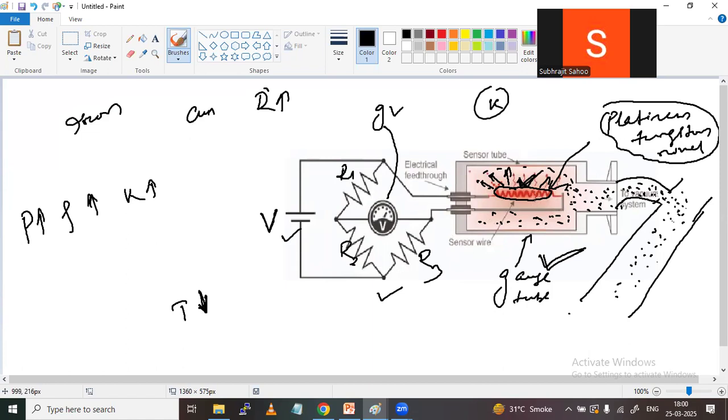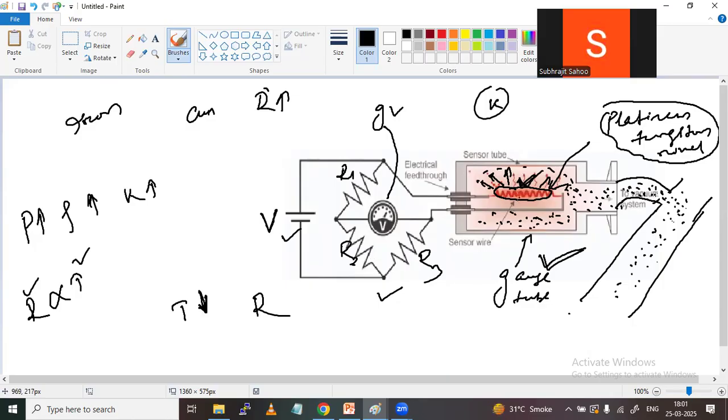If the temperature is reduced, then the resistance of the Wheatstone bridge circuit will become imbalanced, because we have already discussed that resistance is proportional to temperature. If temperature changes, resistance will change. Now, how does the temperature decrease, sir? Because these gas particles carry the heat away from this filament sensing element.